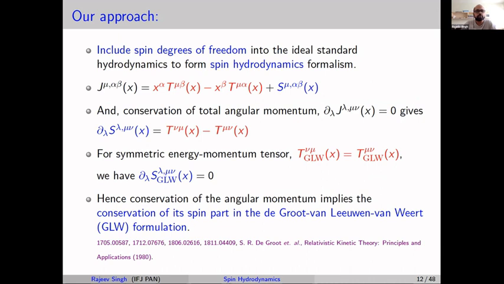But due to the discrepancy in the longitudinal polarization, it indicates that spin has non-trivial dynamics, and we should include the spin degrees of freedom into the standard perfect fluid hydrodynamics. So how do we do it?